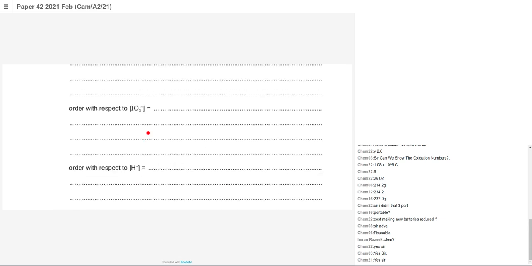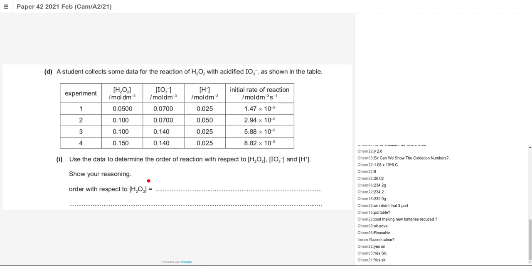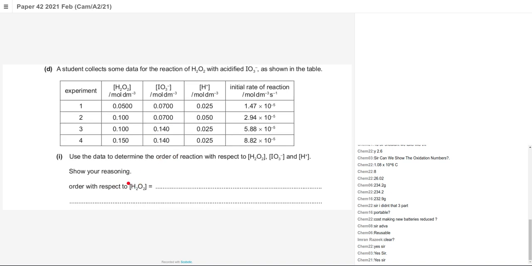Now here you can do the calculation method, or you can use the calculus method or the explanation in words. So to find the order with respect to hydrogen peroxide, you have to keep the other factors constant and change the hydrogen peroxide. Can you notice experiment 3 and 4?